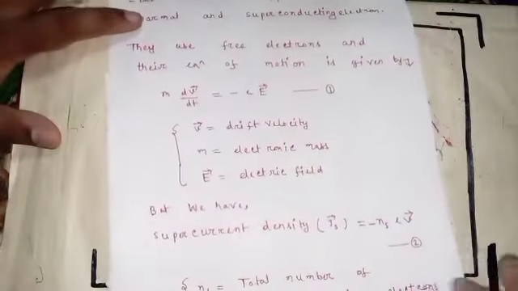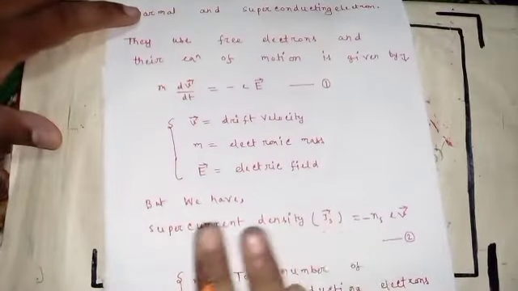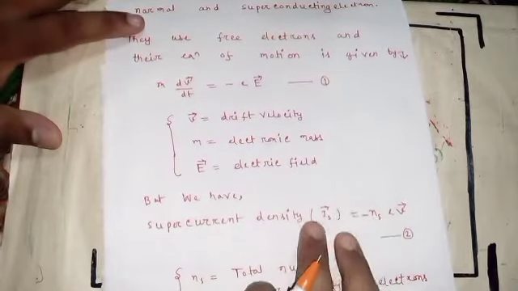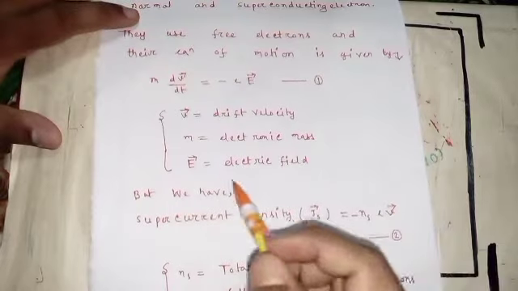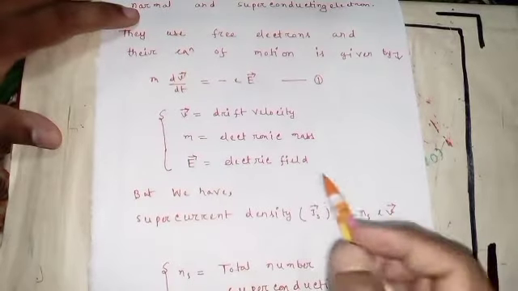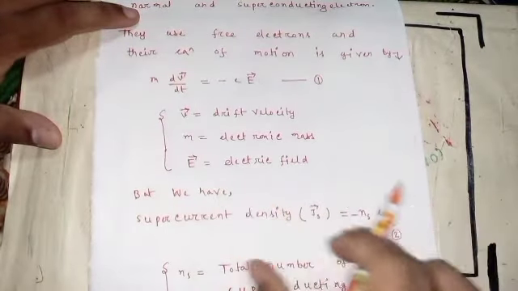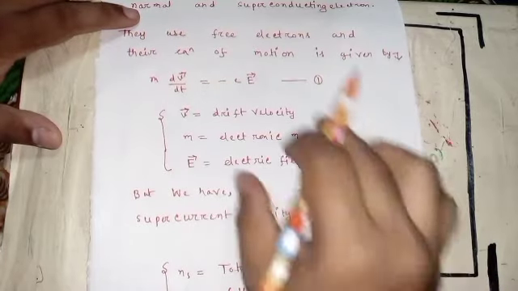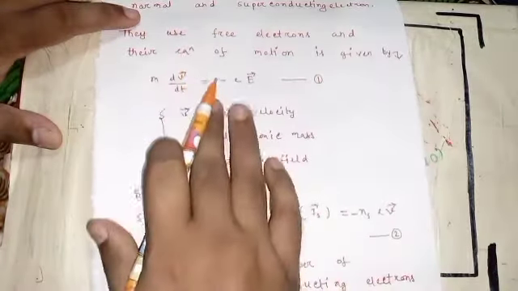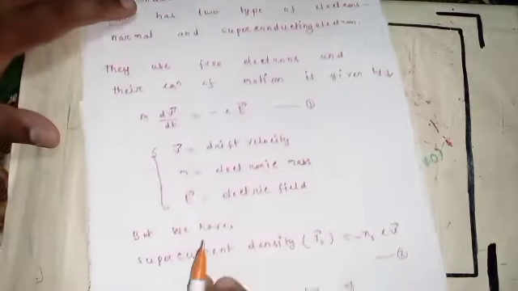Now we simply differentiate equation 2 because we need dv by dt. If we differentiate equation 2 we get dv by dt, and we simply use equation 1.